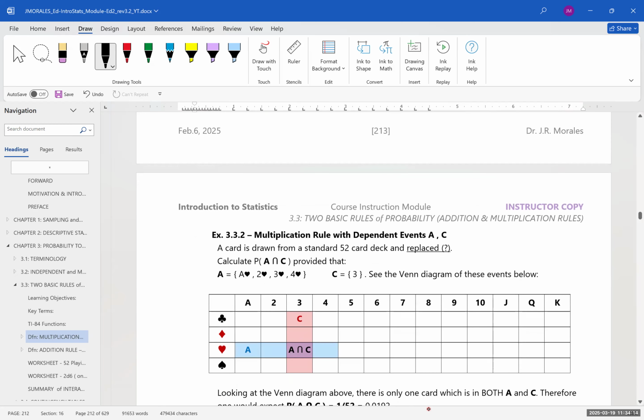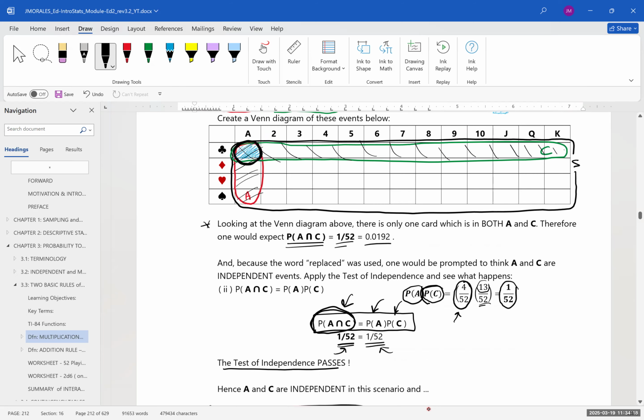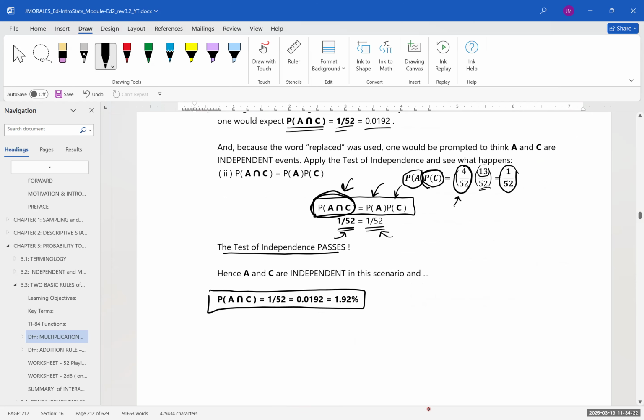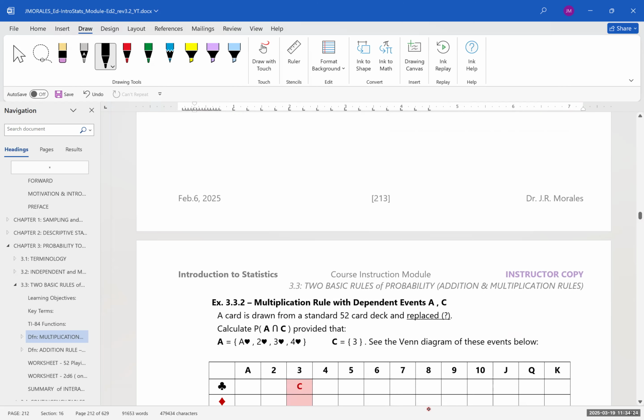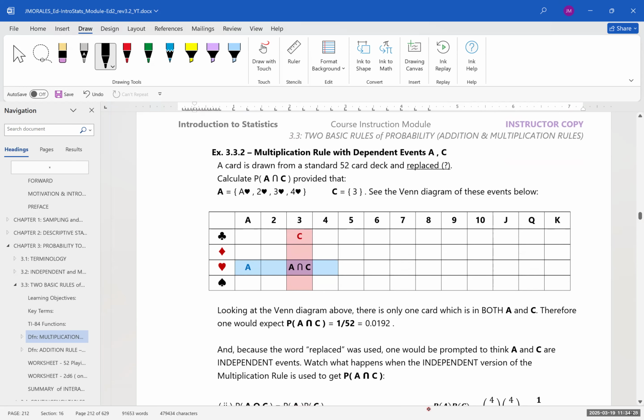All right, now let's look at another example that appears to be the same, but it's going to have different results. So in this example, a card is drawn from a 52 card deck and replaced. Calculate the intersection.